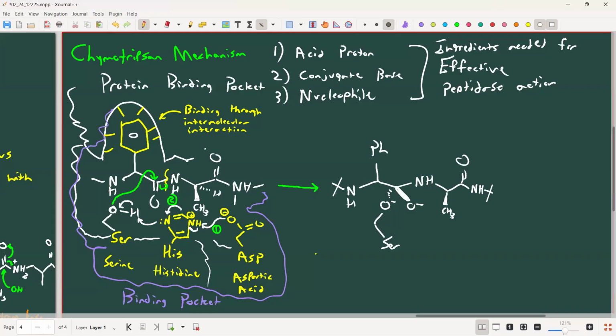Right, so what we form now is a tetrahedral intermediate. This nucleophilic attack, we form a tetrahedral intermediate here where the serine is now, in some sense, connected to the substrate. And all we need now is another water molecule to come in and give us a proton.